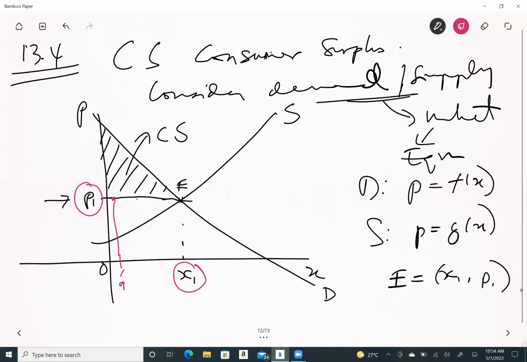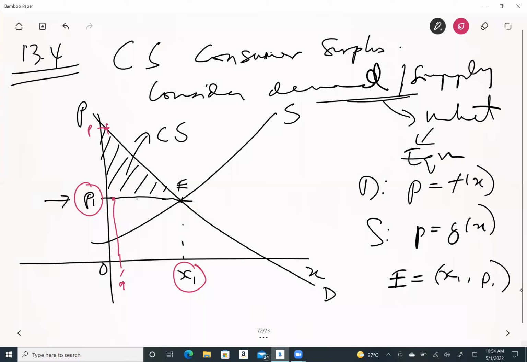But what is the price I am willing to pay? What is the value of that 1 unit to the consumers? The value of that 1 unit to the consumers is the price they are willing to pay. And the price they are willing to pay is the price on that demand curve.